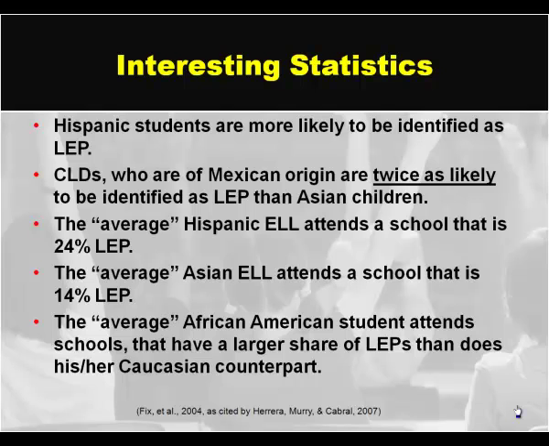The average Asian ELL attends a school that is 14% LEP. The average African American student attends schools that have a larger share of LEPs than does his or her Caucasian counterpart.